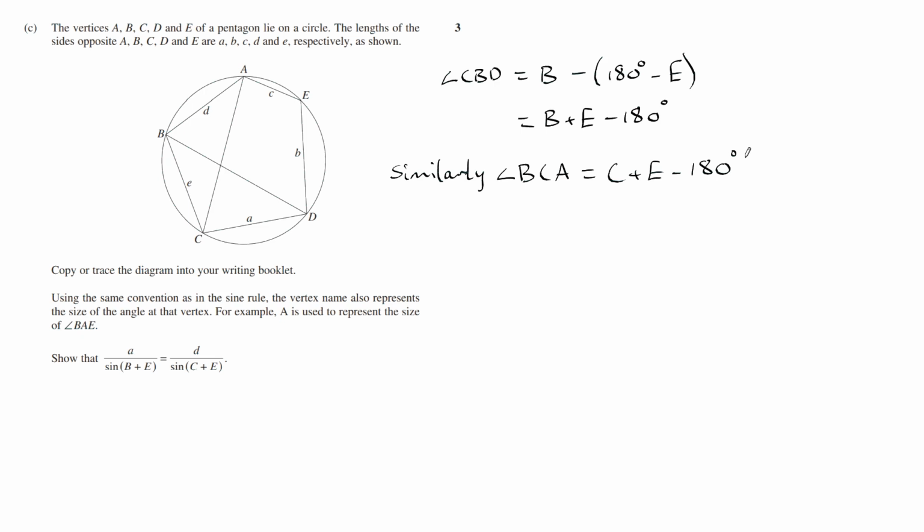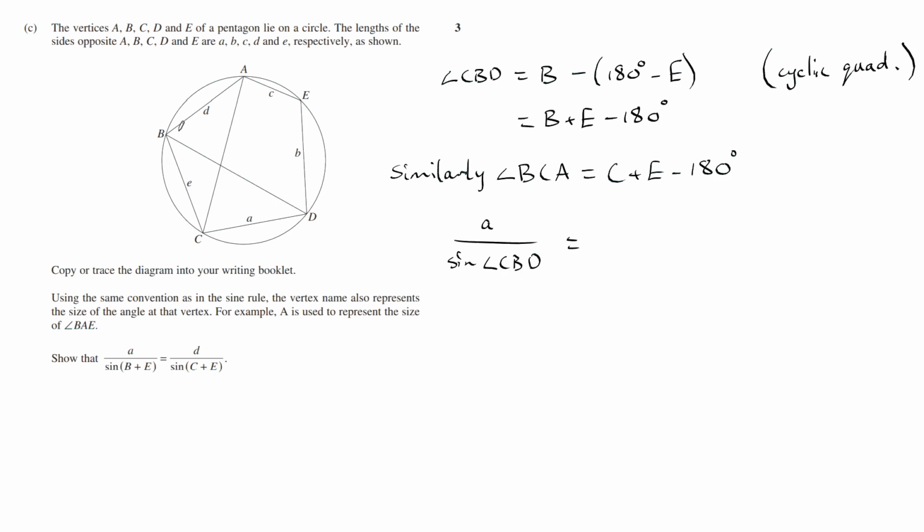So maybe I start with the statement of the sine rule in this triangle. And I probably put some reason here about being a cyclic quadrilateral. Okay, so sine rule in this triangle. So A on sine angle CBD.